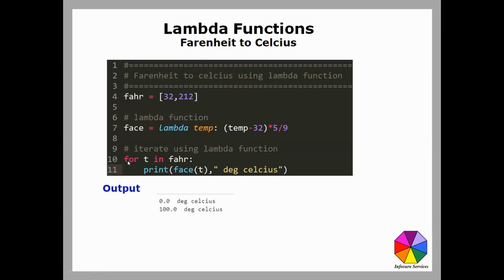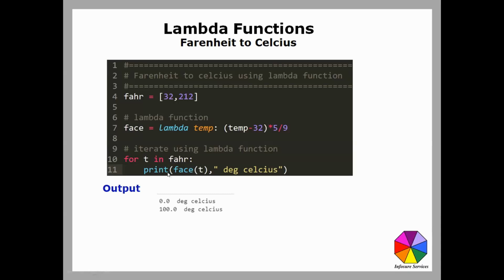Fine. So once you define a lambda function, now you want to loop through it: for t in a list. I have a list called Fahrenheit values, 32, 2 and 12. So for each value in this list, I'm looping through the list. Now I pass print fc of t.